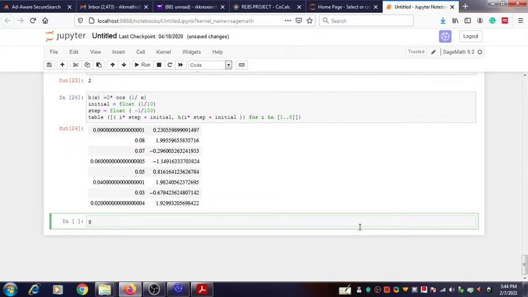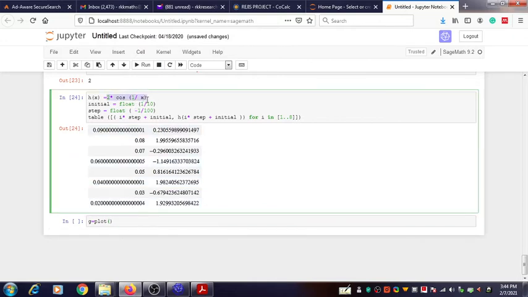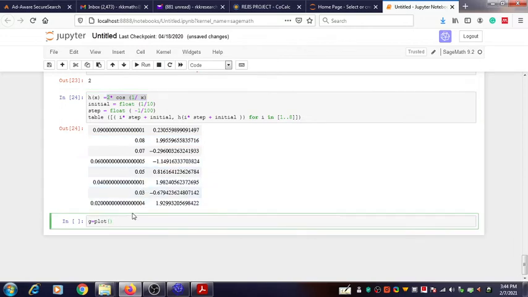A new variable g is defined, and to this new variable we assign the value of the plot of the function 2 into cos 1 by x. It's copied from there and pasted.